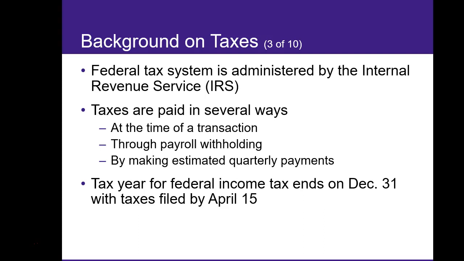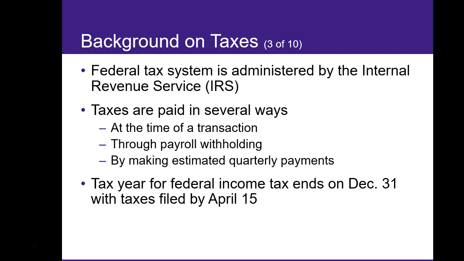When it comes to paying taxes, there's different ways taxes can be paid. They can be paid at the time of the actual transaction. So you think about when you purchase an item, you're going to pay sales tax right then and there. Payroll taxes. So if you're paid weekly, bi-weekly, once a month, taxes are being withheld from your earnings through payroll withholdings.